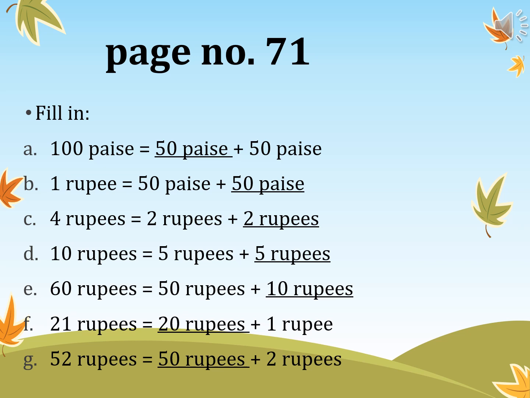F part. 21 rupees equals to dash rupee plus 1 rupee. 20 rupees. 20 plus 1 equals to 21. G part. 52 rupees equals to dash rupees plus 2 rupees. 50 rupees plus 2 rupees. So we have completed page number 71 also.